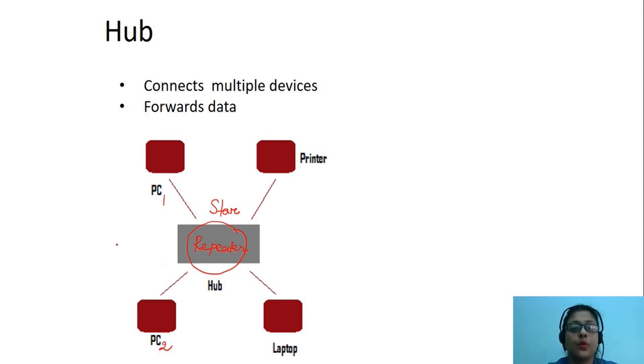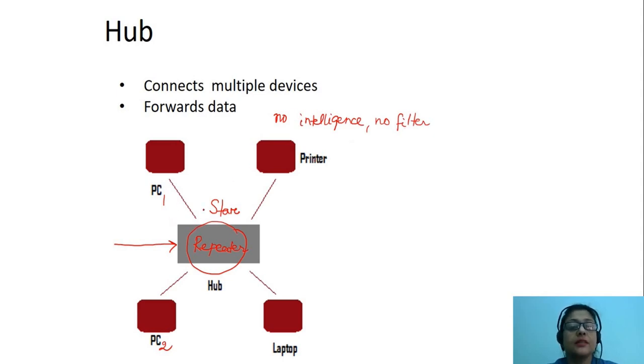Now suppose one data comes to this star point, that is a hub. This hub has no intelligence of its own. And it cannot also filter data based on the address.